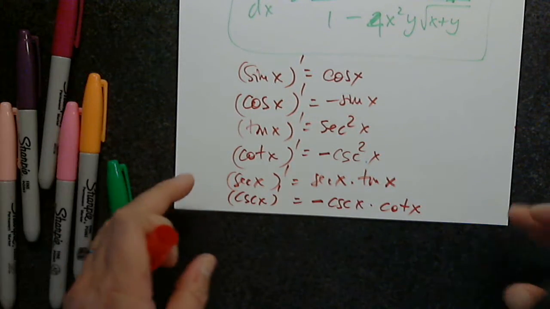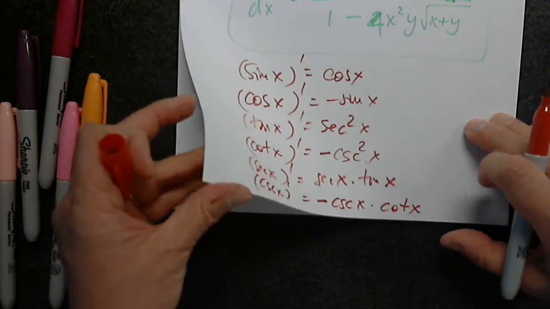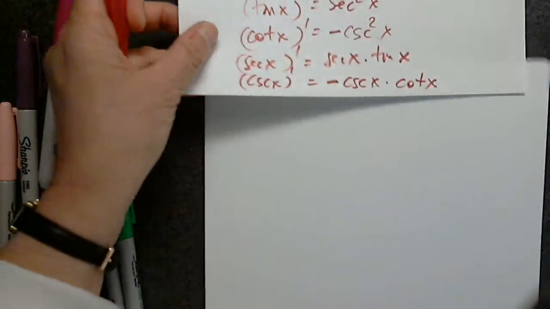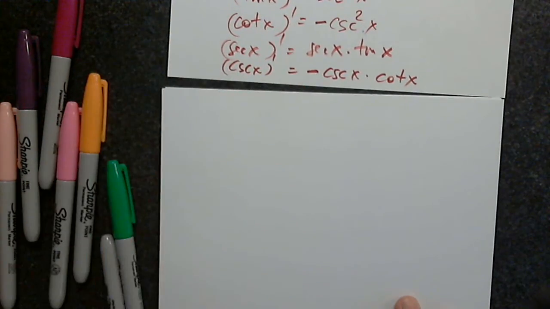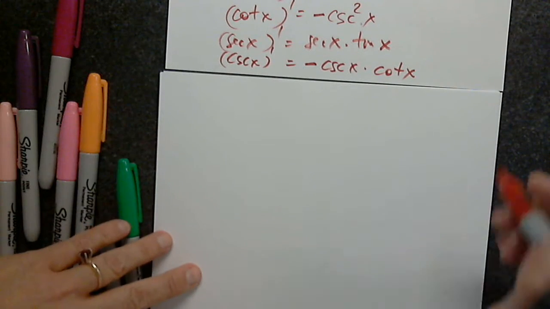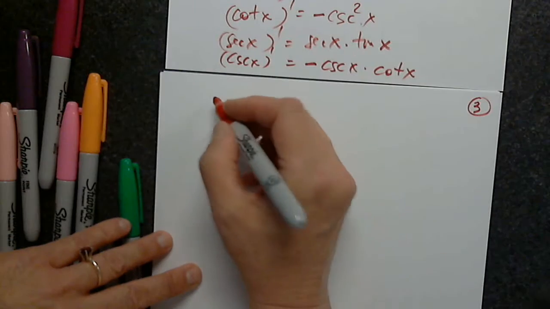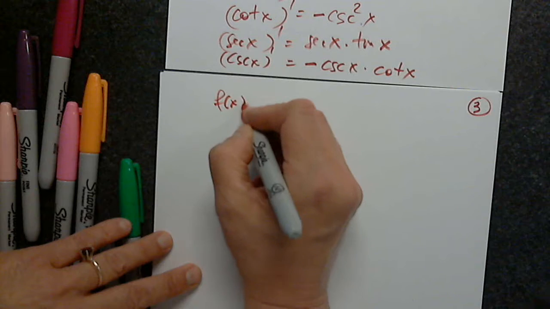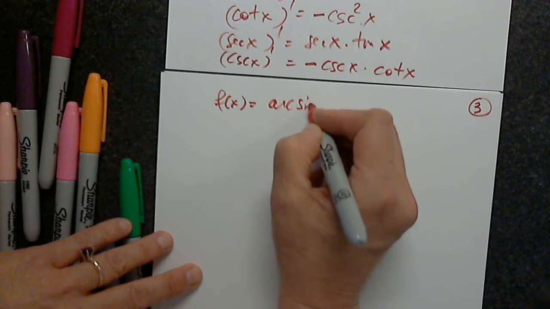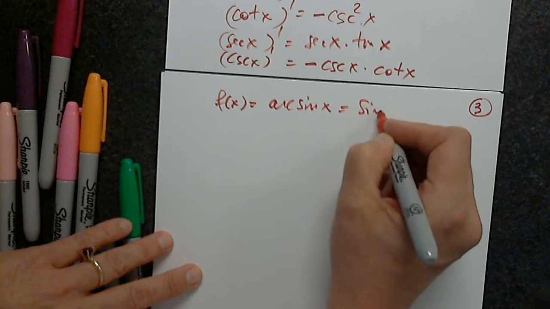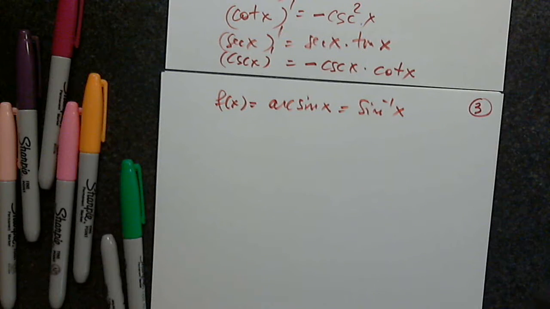Of course we have 6 trig functions, but I will only require you to remember the derivatives of 3 of them. We have f of x equals arc sine x, or sine inverse x. Please do not say that sine inverse is 1 over sine, because it's not.